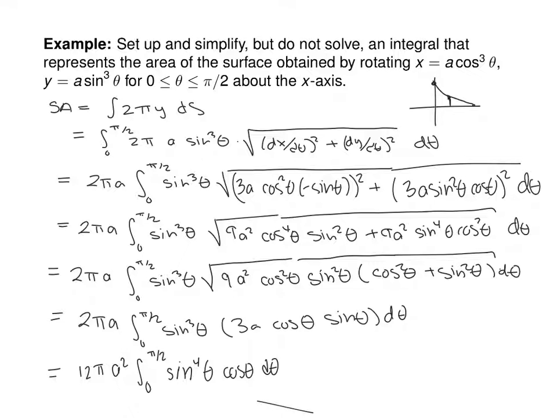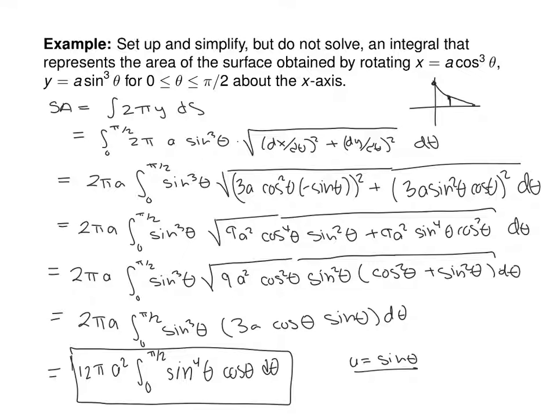And if you had more time, this one wouldn't be a terrible one to solve, because you could just do a u substitution for sine of theta. But there's enough in the setup that you have to simplify that I think this is probably good enough in terms of time constraints.